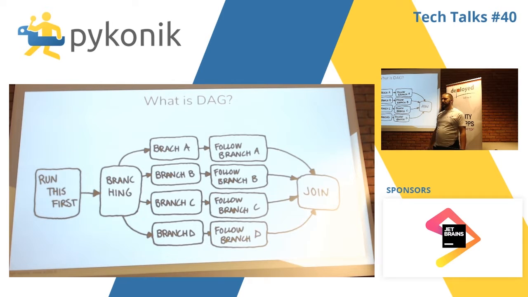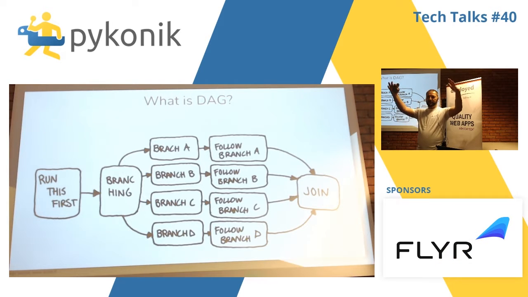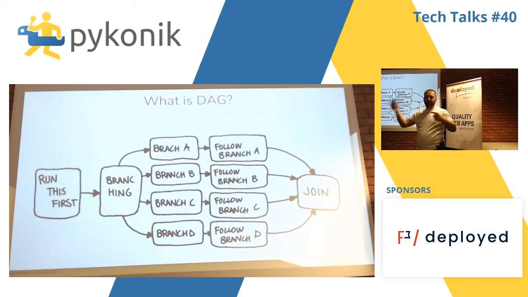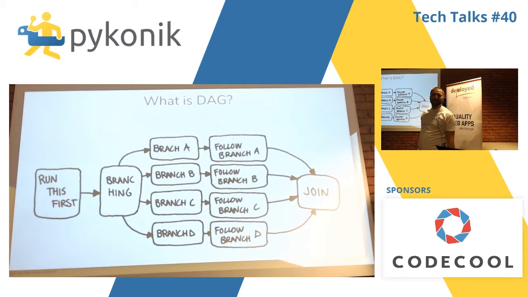It's kind of a tree structure. Of course, it's not typically a tree. You can merge the nodes, you can divide the nodes, it's up to you. But what is important, you cannot go back. You go only further. Basically like git commits. Yeah, exactly. Simple explanation.